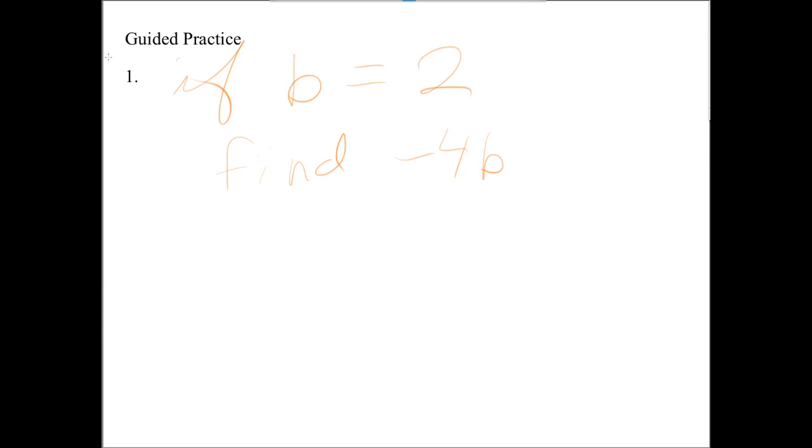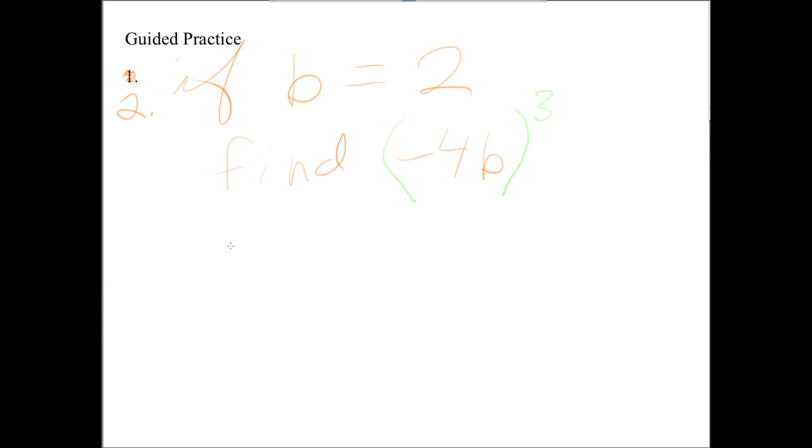I'm going to go over here and scratch that out and just say, we're going to say number 2. I'm going to change colors so we can see what the differences are here. So I got, if b equals 2, find in parentheses the opposite of our -4b cubed. So now we have a slightly different problem.